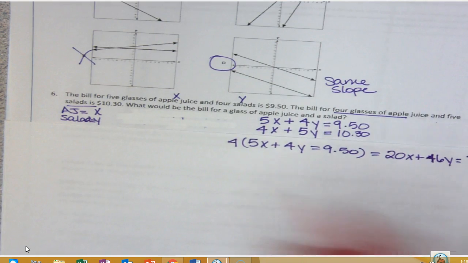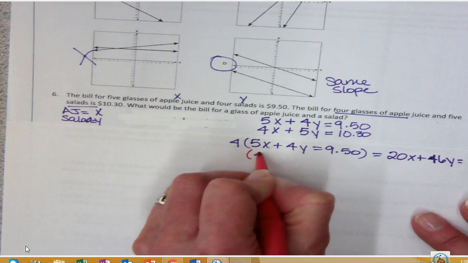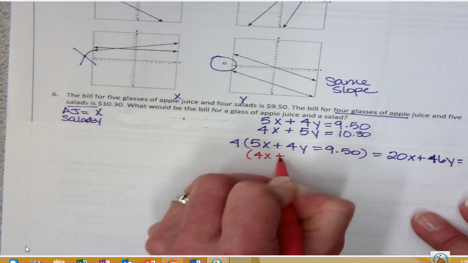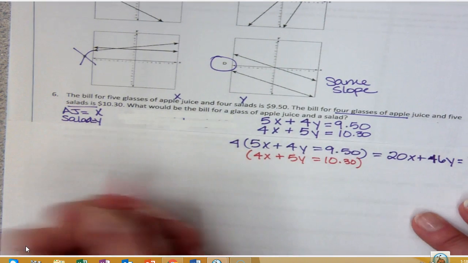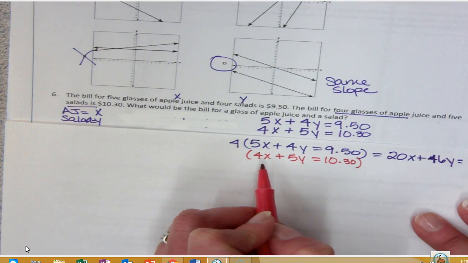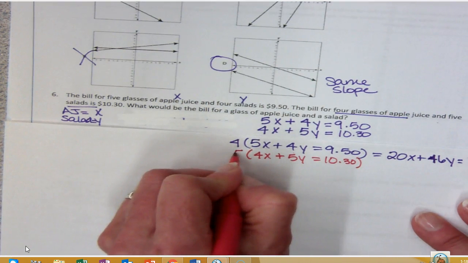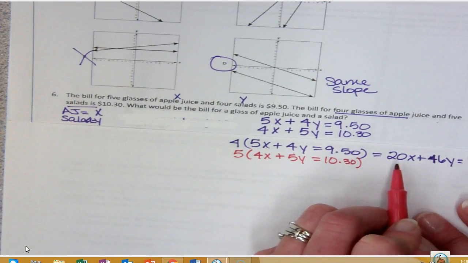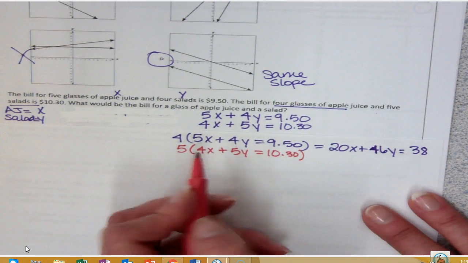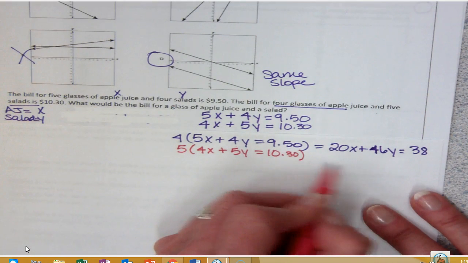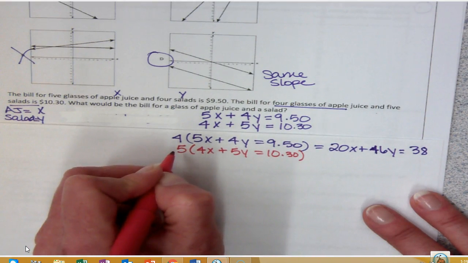Then if I take my second equation, 4x plus 5y equals 10.30. Now in order to get that to 20, I'm going to multiply it by 5. However, I don't want positive 20, I want negative 20, because then they'll have the same number and a different sign. So when I add them together, they will cancel each other out.